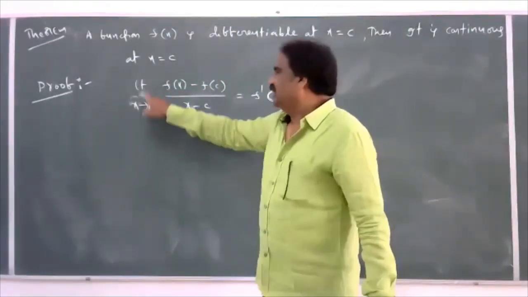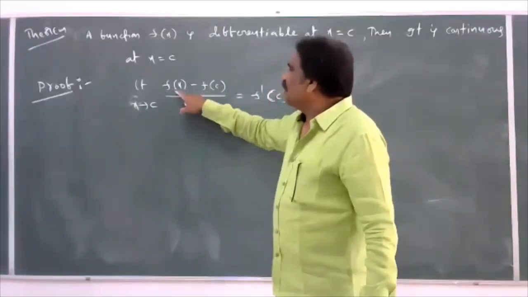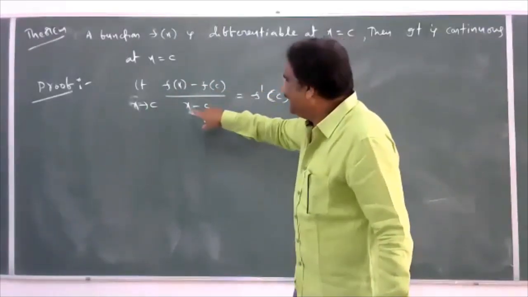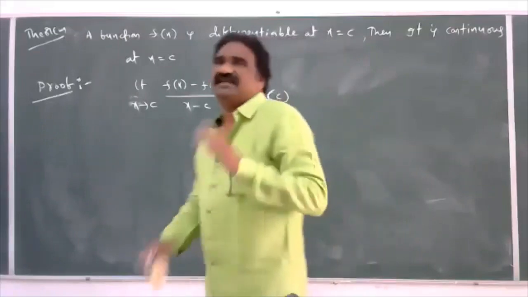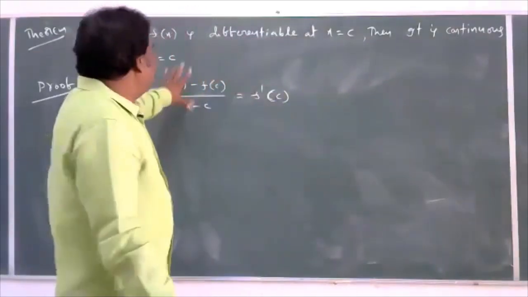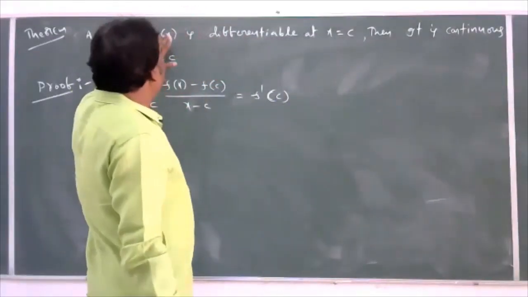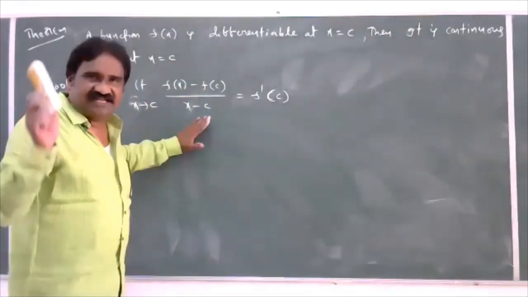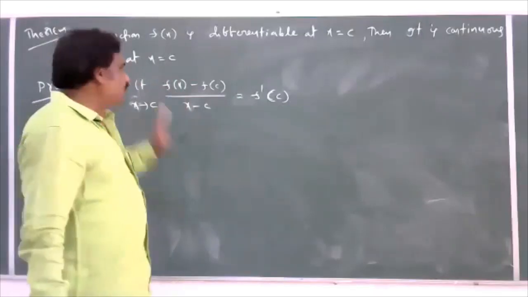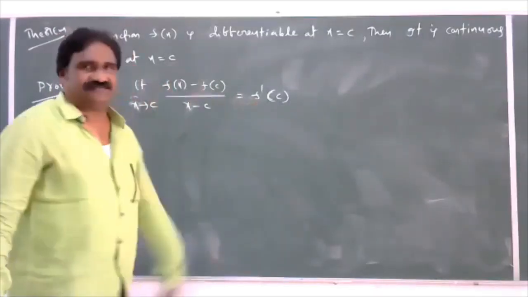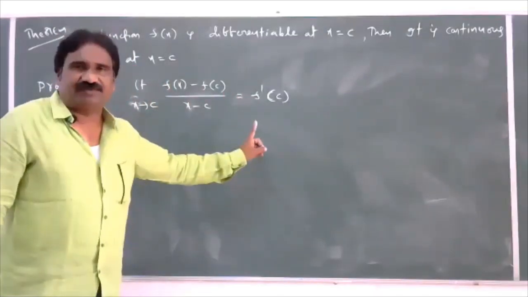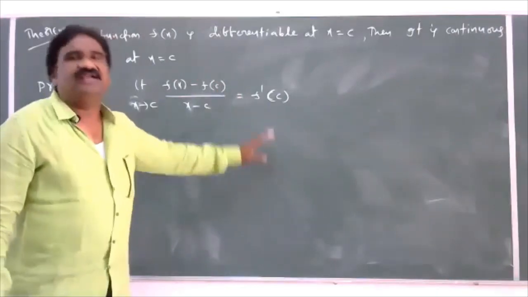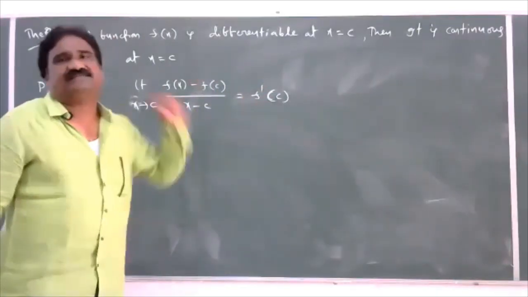Limit x tends to c, f of x minus f of c by x minus c is equal to f dash c. In the statement they have given, f of x is already a differentiable function. That's why I am writing like this. So f of x is a differentiable function at x equal to c. That's why I am taking this.